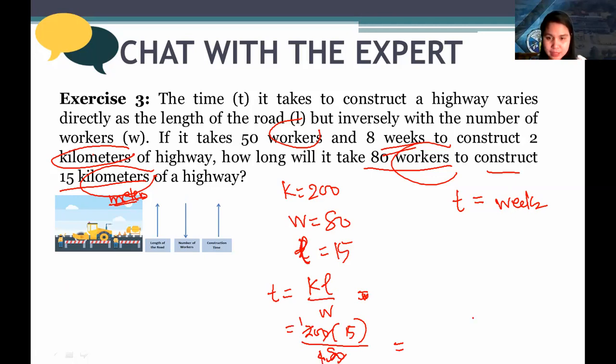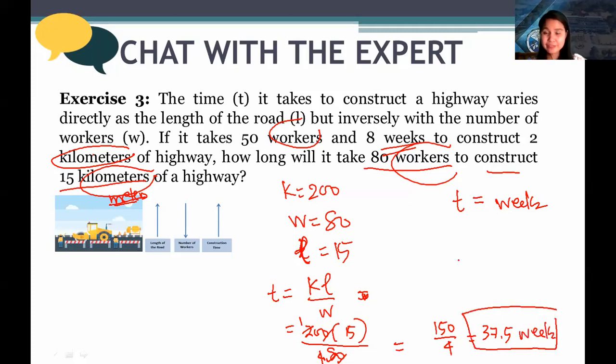So 15, that's 150 divided by 4. 75 divided by 2, that's 37.5. So the answer is it will take 37.5 weeks. Any questions? Or give me a thumbs up if you have followed it.